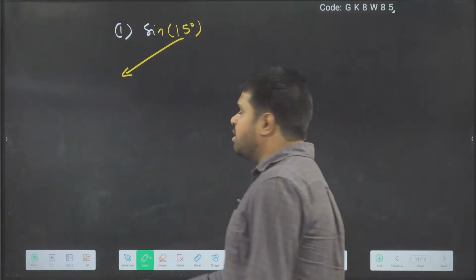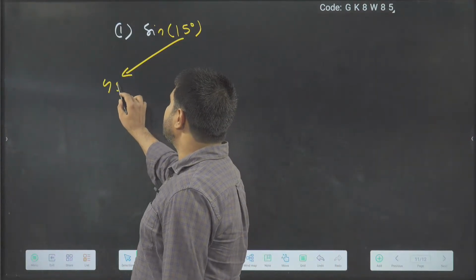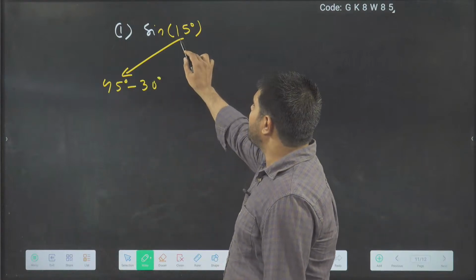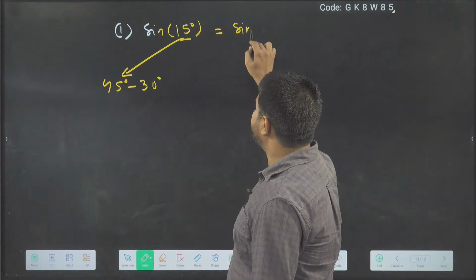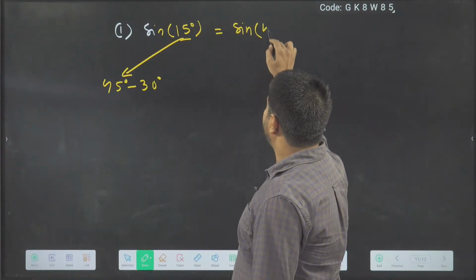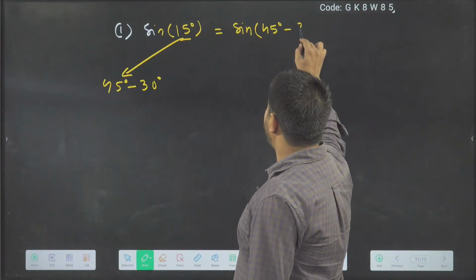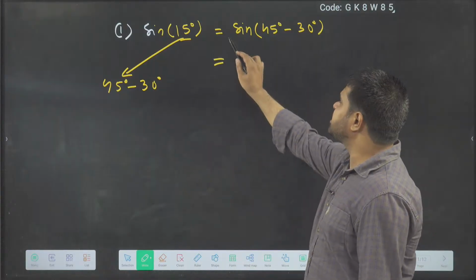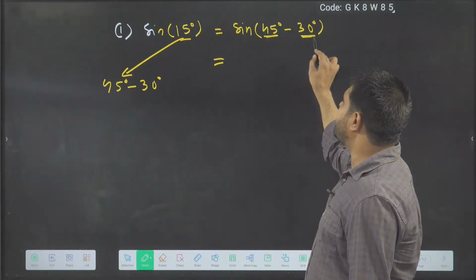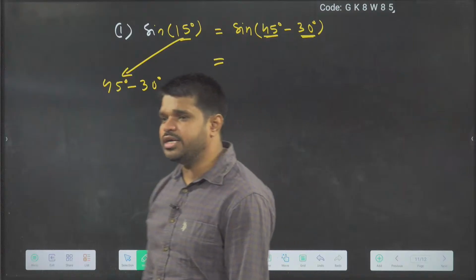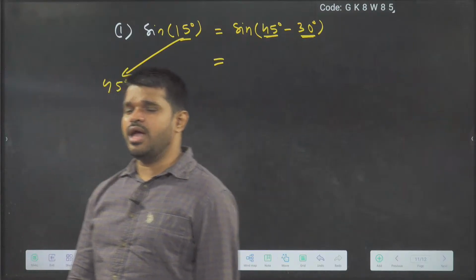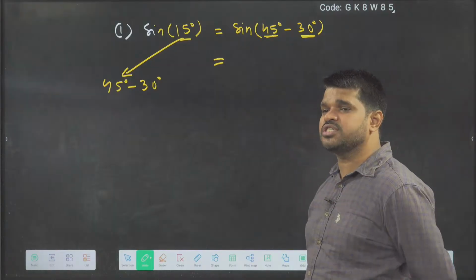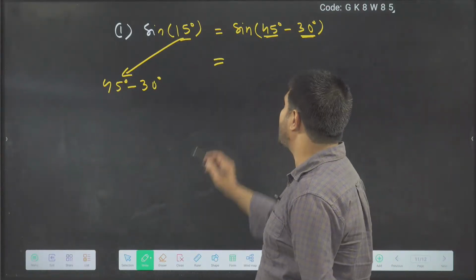Yes, someone is saying 45 degree minus 30 degree. So in the place of 15, write sine of 45 degree minus 30 degree. Now it is sine of A minus B, so apply the formula of sine A minus B. What is the formula?